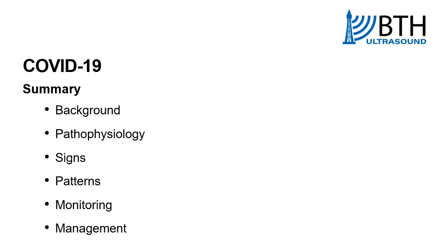But when you combine those signs into certain patterns, then that does become quite distinctive, and very few other pathologies present in those kinds of ways. How to use lung ultrasound as a monitoring tool, either using your 6 points or 12 points and monitoring that improvement or deterioration, and then using that information to make decisions about the management.